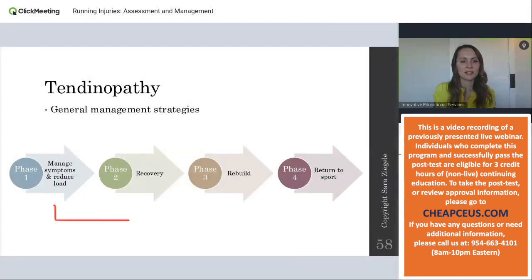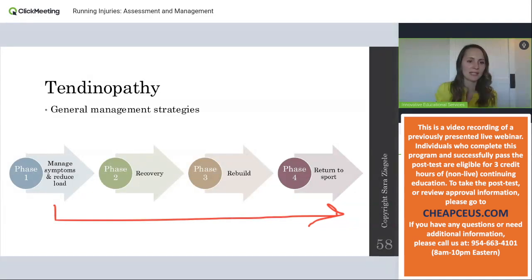Then our management strategy also is fairly similar along all of these different processes. We've got the initial goal of managing symptoms, reducing load. So I always tell my patients that this is the phase where we're going to calm it down, right? Things right now are angry, they're irritated. Our job, step one, calm it down. So that's where we're doing that sometimes with offloading strategies, sometimes with pain reduction strategies, but we need to kind of break the cycle.